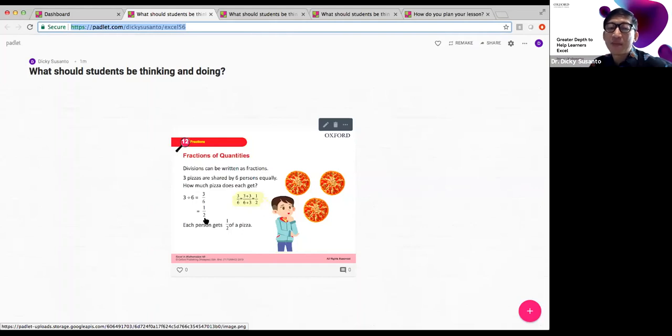You can divide them by halves. But what's going to happen if you have something that doesn't have a common factor? So think about the kind of questions, the kind of cognitive engagement that you want your students to have when they are looking at these materials, when they are reading this, when they are accessing this.